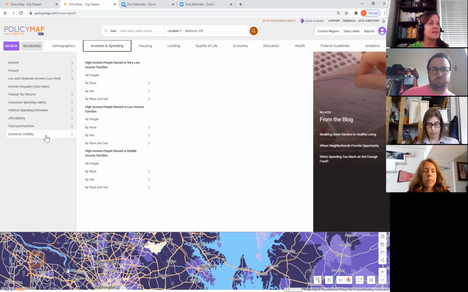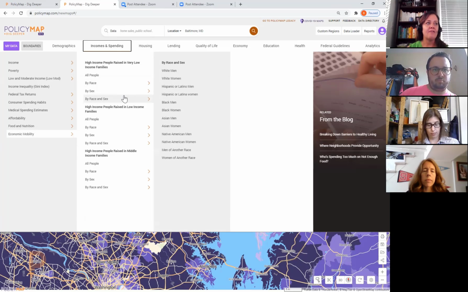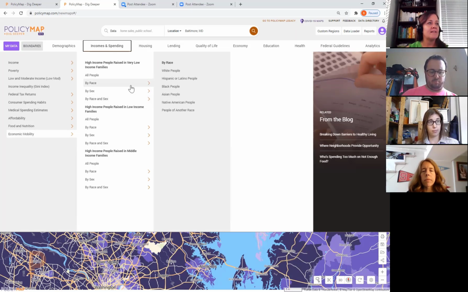And then there's data related to economic mobility. So what is the opportunity for advancement for a particular person based on race, sex, age, based on race and sex for advancement for very low income families, or for middle income families? And you can find that rather quickly here.